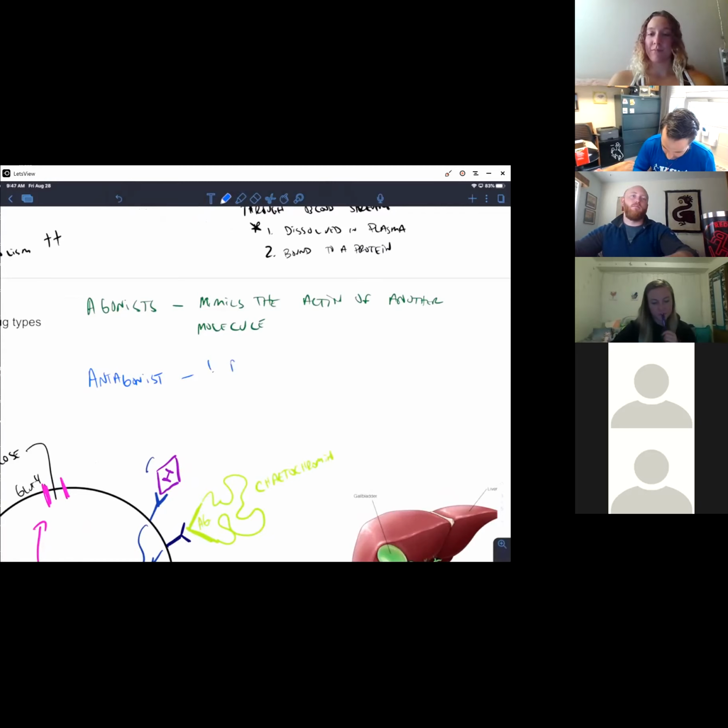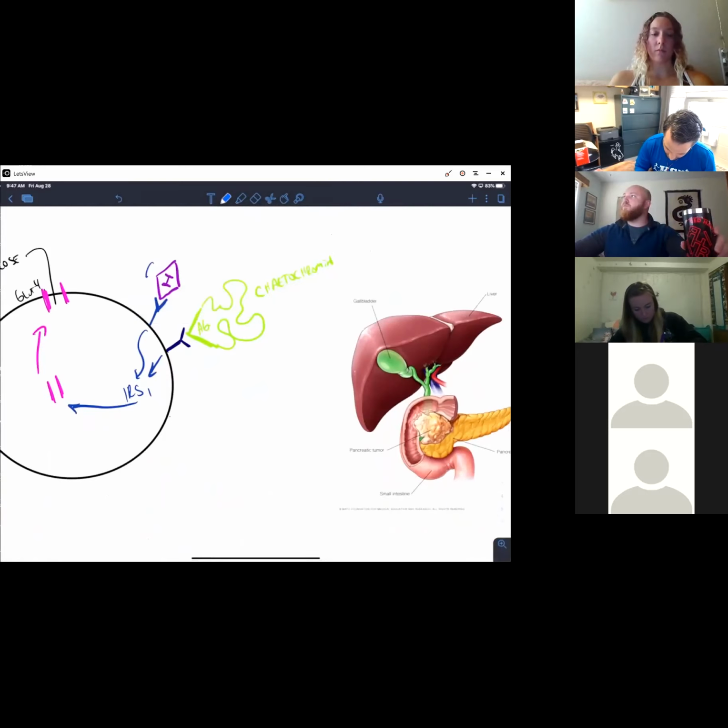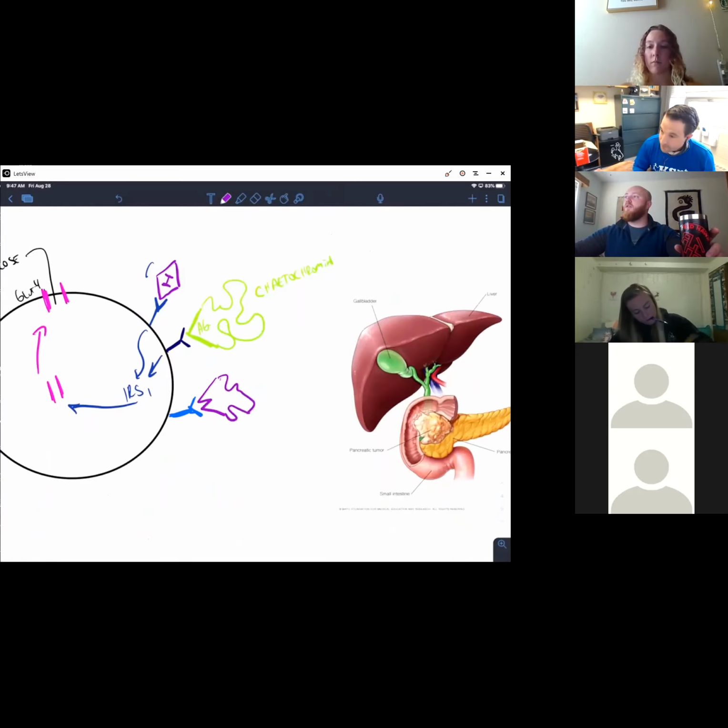Number 1, it can block the receptor site. So here's our receptor right here. Here is something called S961, which is a drug that has a very technical name associated with it.